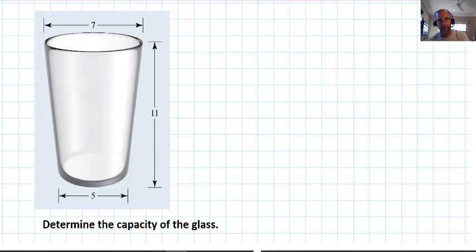Getting back to our glass that we looked at earlier on, we could now use this approach on the glass, but firstly we have to work out what sort of function or shape has been rotated about what axis.